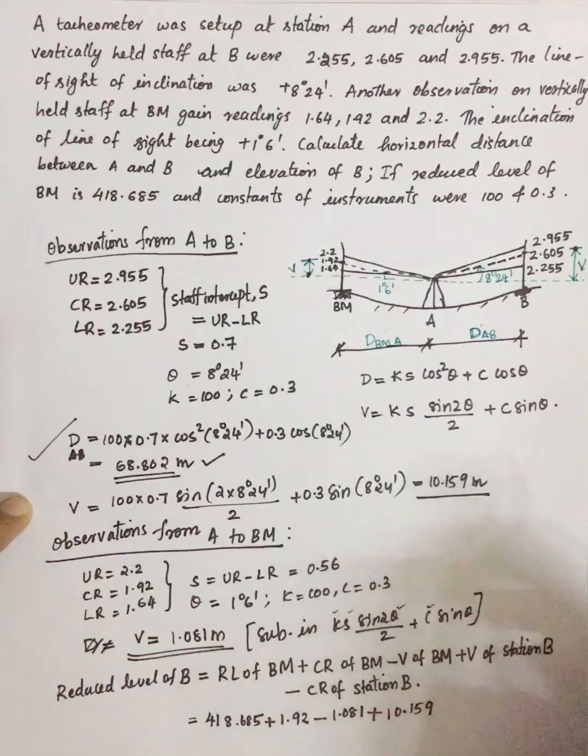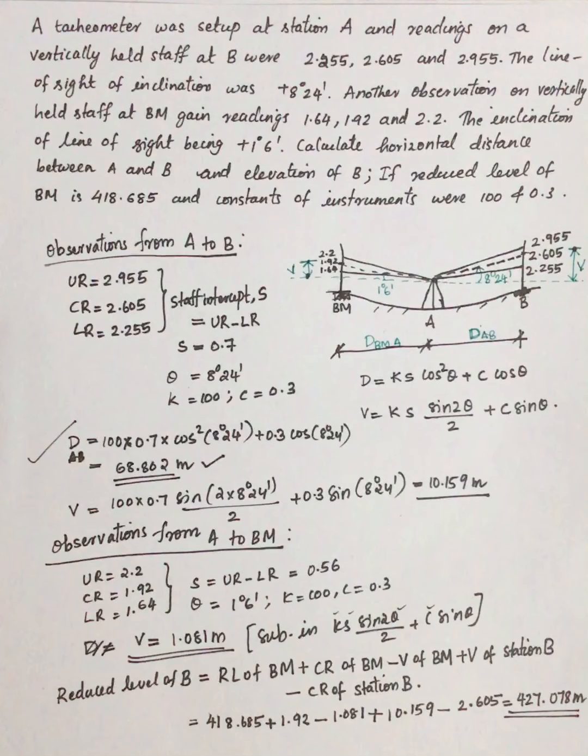We have calculated it here. Minus central reading of station B, that is 2.605. When you substitute all that value, you will get it as 427.078 meters. Okay, this is how we are calculating the reduced level of any staff station and the distance between the instrument station and staff station using tachyometer.